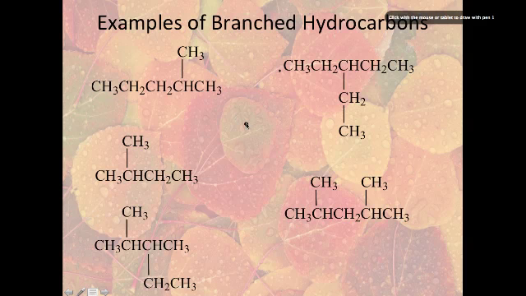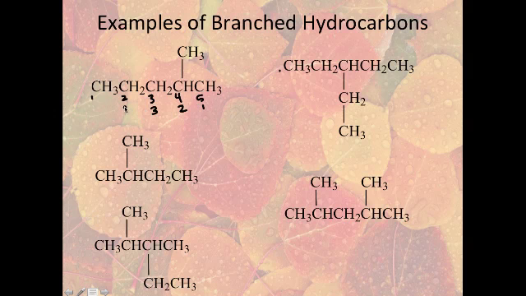Now let's look at a couple other branched hydrocarbons. We could start counting from this end, 1, 2, 3, but if we do, then we're going to get too high of a number here. So I have 5 carbons in my main longest chain. I want to start counting though so that I get the smaller numbers.